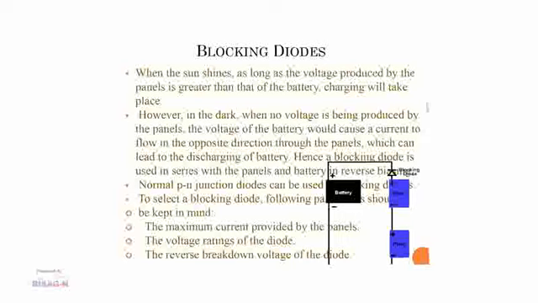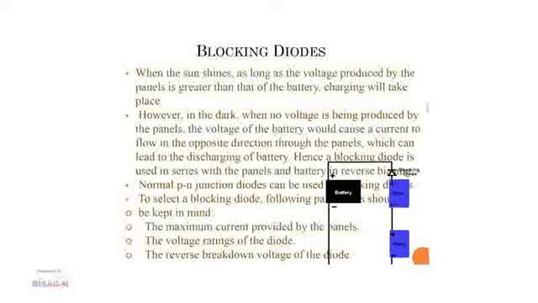However, in the dark, when no voltage is being produced by the panels, the voltage of the battery would cause a current to flow in the opposite direction through the panel, which can lead to the discharge of the battery. Hence, a blocking diode is used in series with the panels.